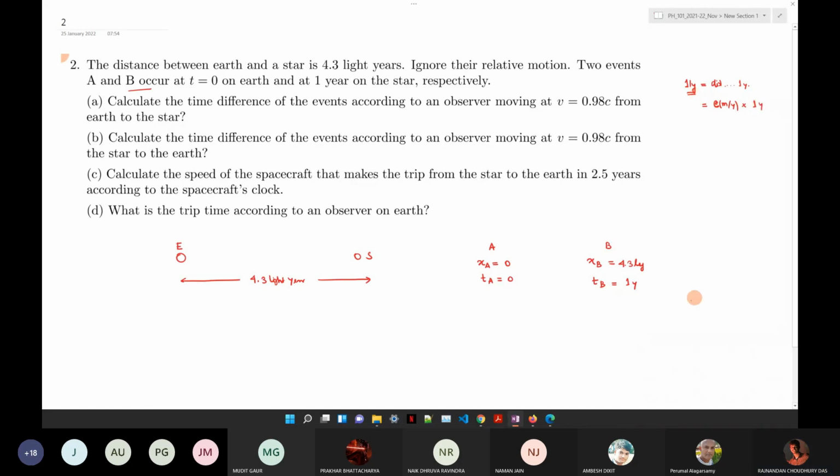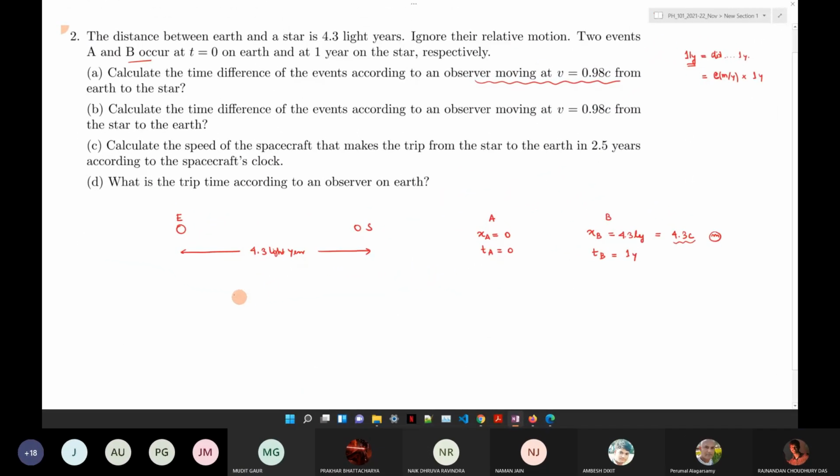So 4.3 light years, we can say it is 4.3 c, and finally the answer will come in meters. Whenever I write light year, I will put a c extra. That means our c is actually in meters per year.